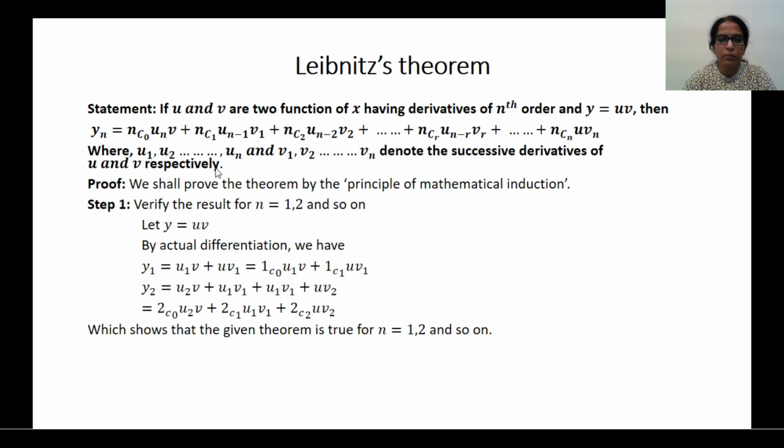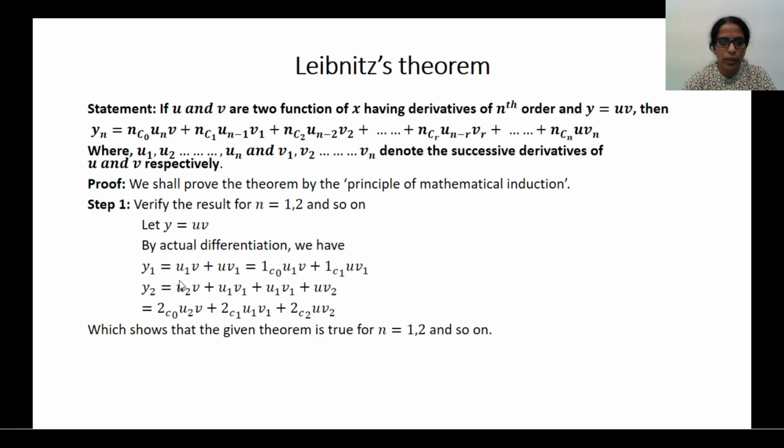Now we shall prove this result by using mathematical induction. For that, the first step is to verify that the result is true for n equal to 1 and 2. Let y equal to u into v. Now differentiate this by applying the product rule.